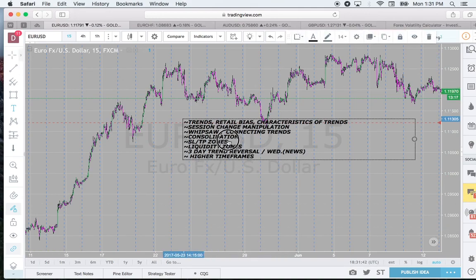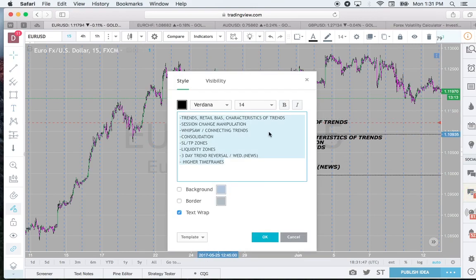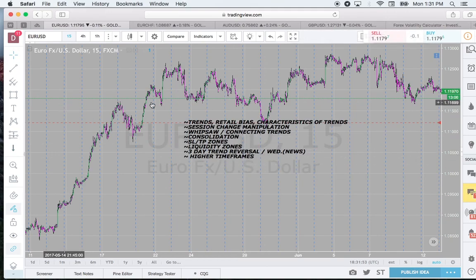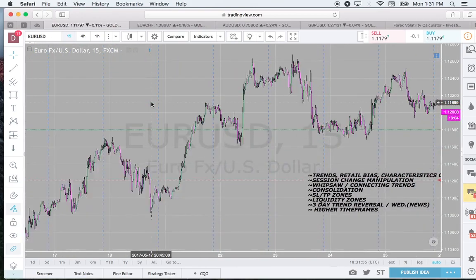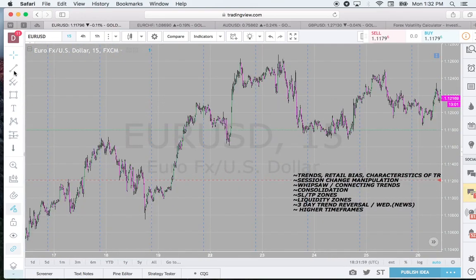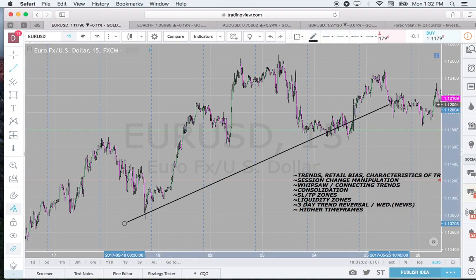Session change manipulation, the whipsaw and the connection of trends. That is our next topic. Okay, here we can see a very nice example on Euro USD of an uptrend.